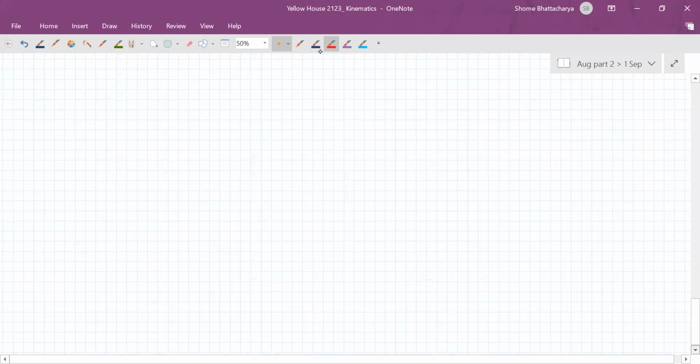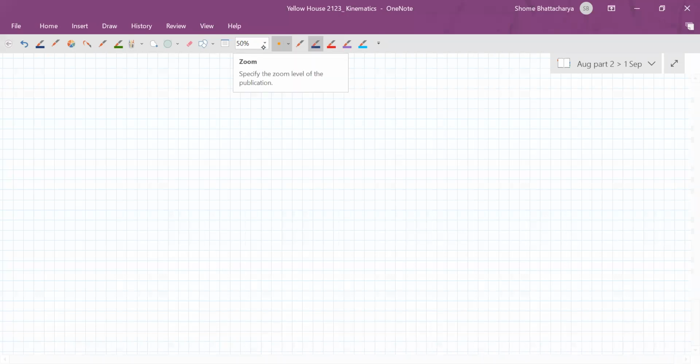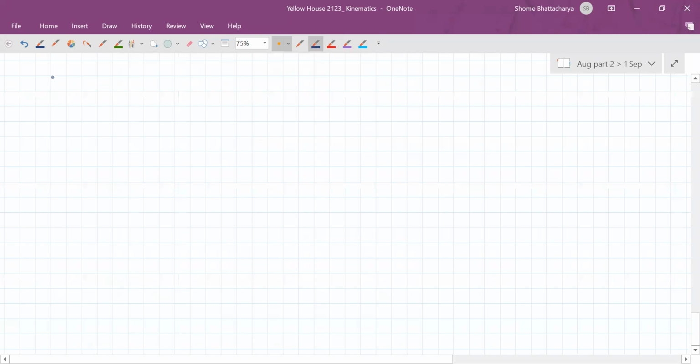Now we'll do some more example questions of projectile motion. We'll start with an example based on this projection from a height concept only.